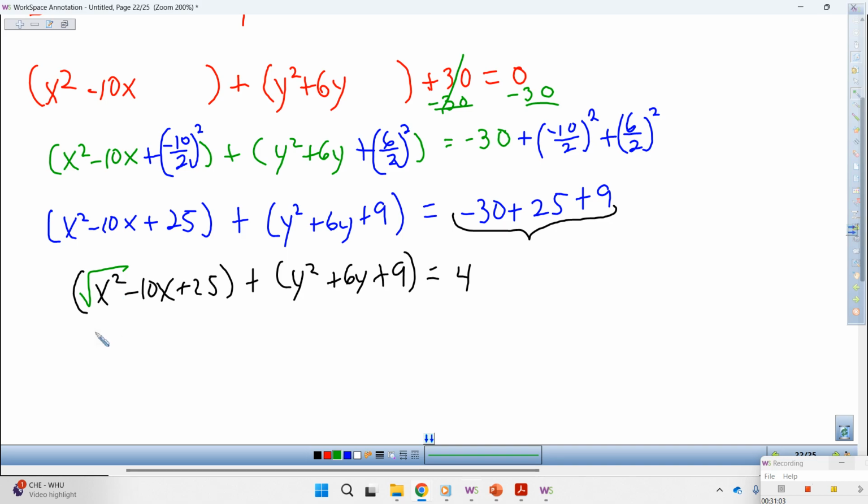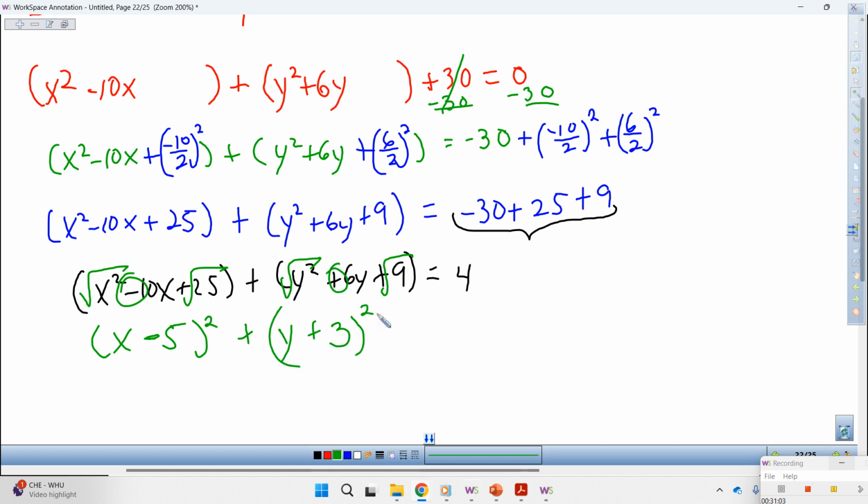So, square root of the first, square root of the last, sign of the middle, squared, plus square root of the first, square root of the last, sign of the middle, squared, and all that equal to 4.